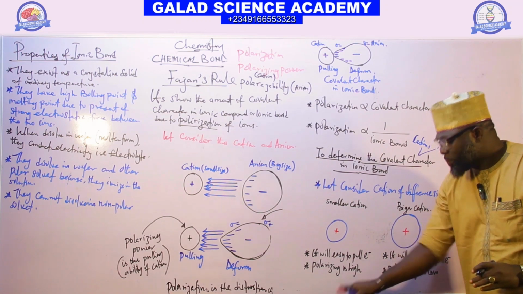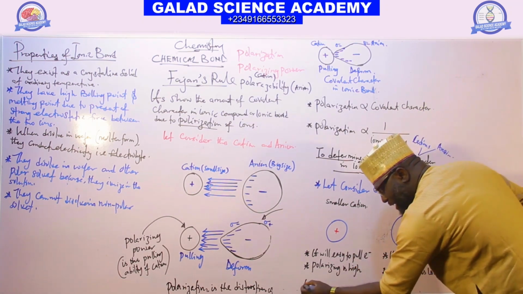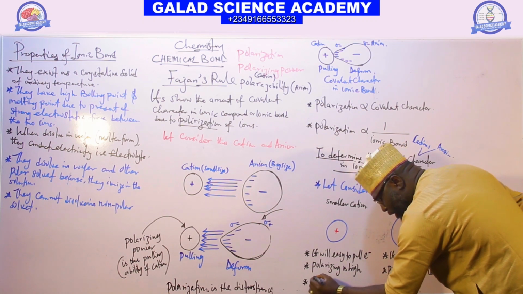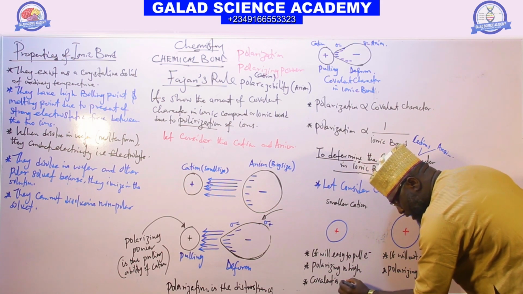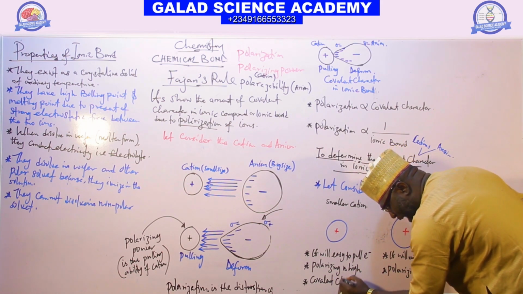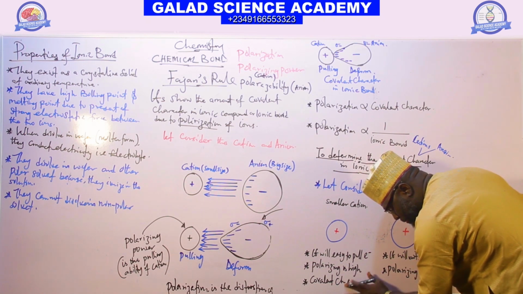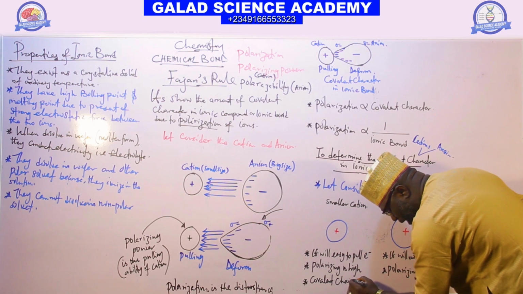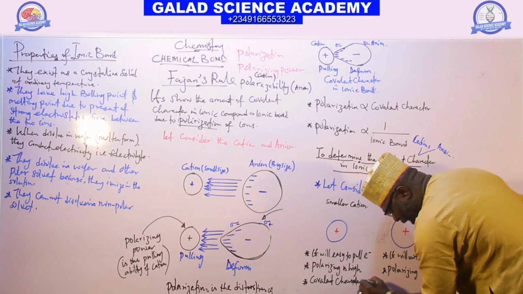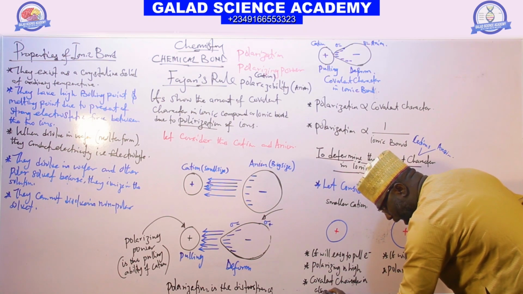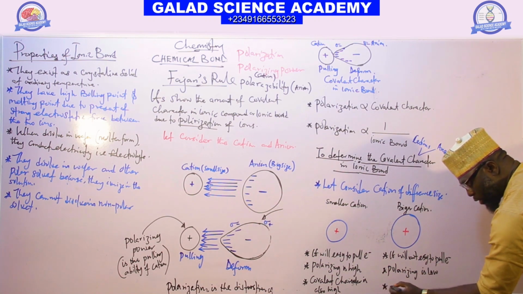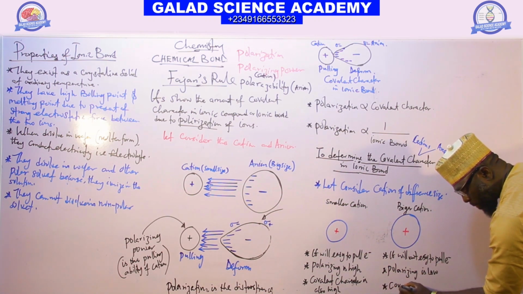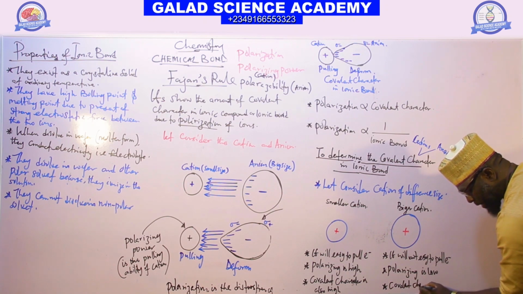So once the polarizing power is high, here again the covalent character is also high. So the covalent character here is low.